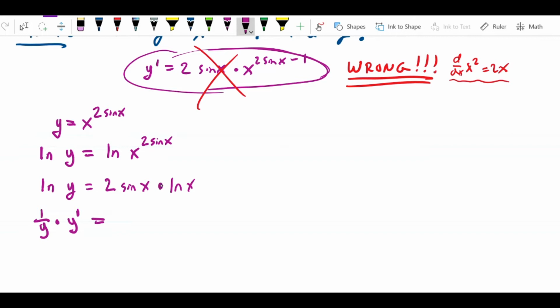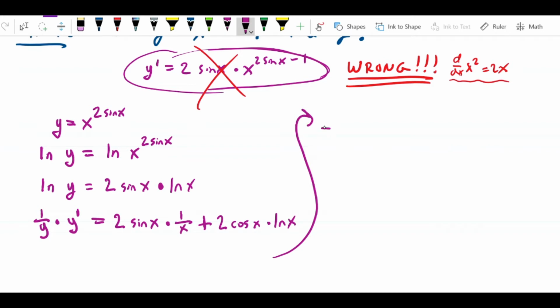On the right side, we clearly have a product rule problem. So this is going to be 2 sine x times the derivative of ln x, which is 1 over x, plus 2 cosine x times ln x. Okay, so now what we want to do is multiply both sides of the equation by y.